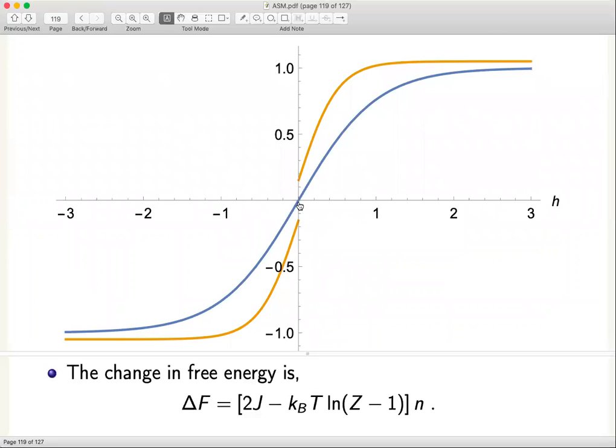That assumes that not only the free energy but all kinds of derivatives of the free energy are also well defined everywhere. But that is not guaranteed in the thermodynamic limit. So it may happen that M at H equals 0, as H approaches 0 from the positive side, is minus of M at H equals 0 as H approaches from the negative side, but these two numbers may not be the same. They are opposite of each other, but non-zero.